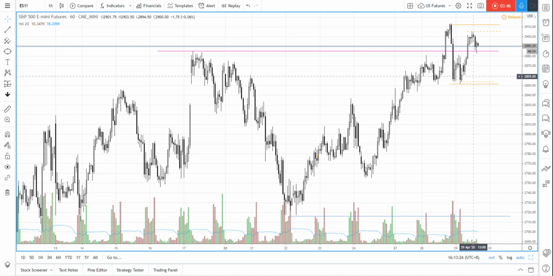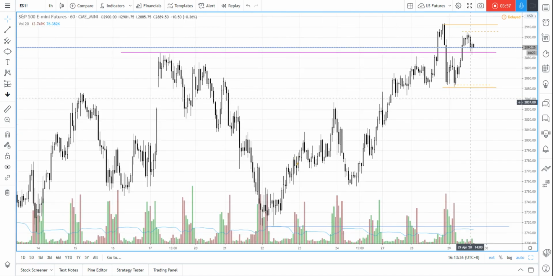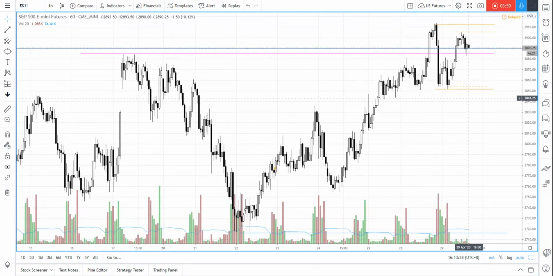But I want to think about the supply absorption scenario. If it actually materializes, then what I should see for the next few days or bars is a trading range between 2850 and 2910.